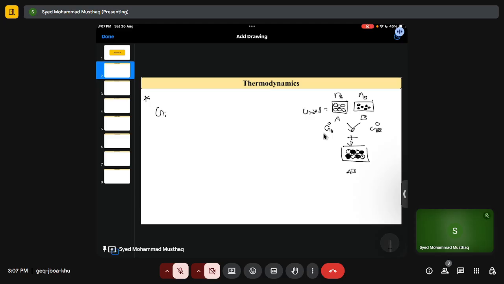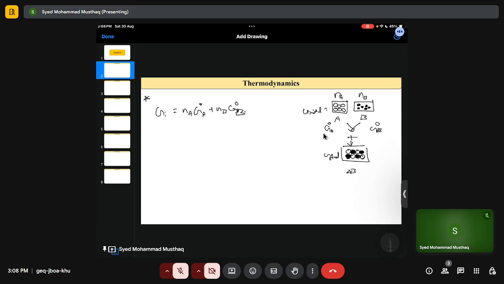Then G initial, the total energy for our system, is NA G naught A plus NB G naught B. Now, this is G final. Okay.